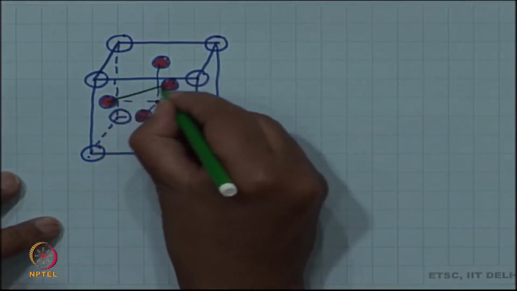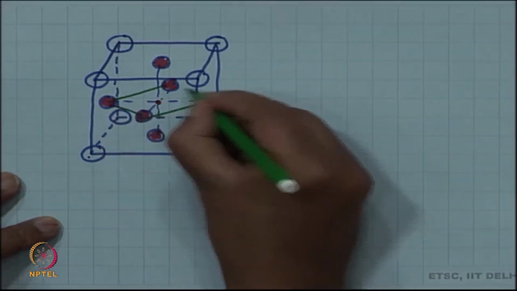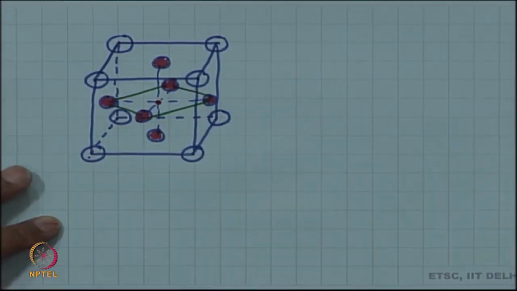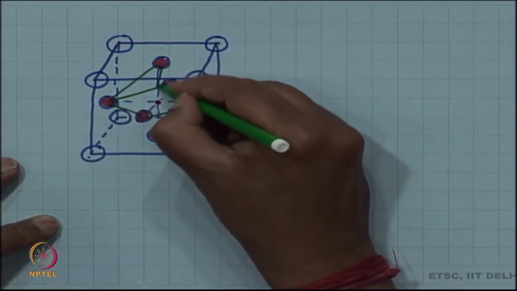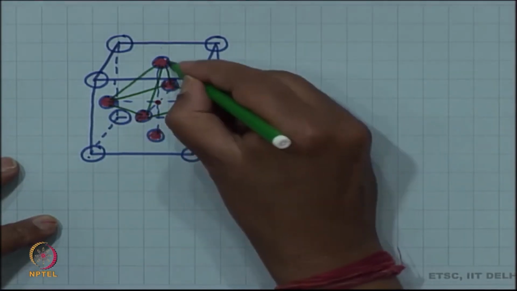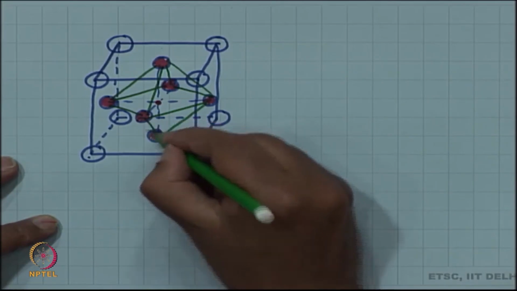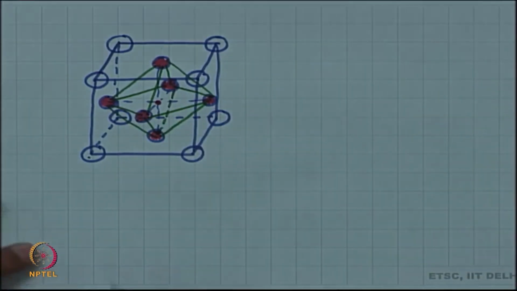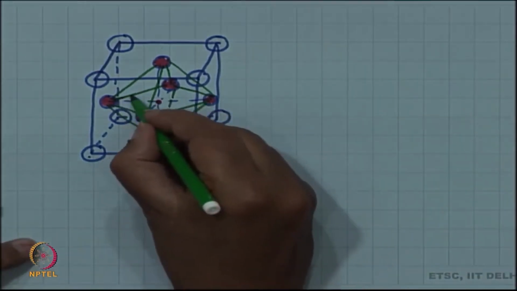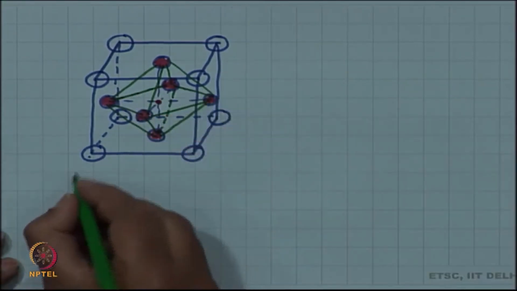So, if we join the centers of the 4 horizontal faces, you get a nice square, and then the top and bottom give you the 2 pyramids that complete our octahedral void.